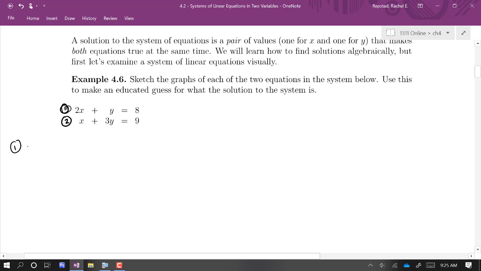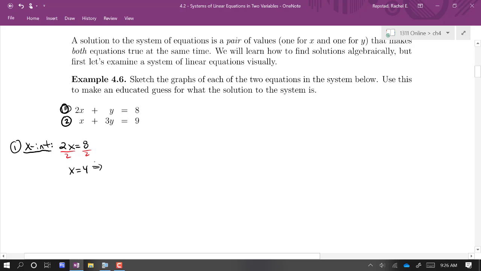I'm just going to graph this by getting my intercepts. So our x-intercept: recall that to get the x-intercept we set y equal to 0. If we set y equal to 0 in that first equation, the equation we get is 2x equals 8. If we divide both sides by 2, that means x equals 4.